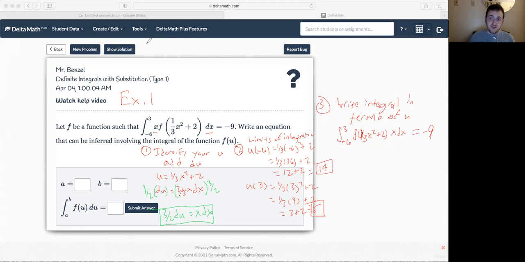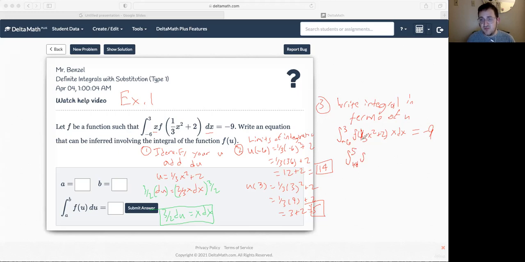First, I'm going to address the limits of integration and change them. I must get it in order here. So the -6 becomes 14, and the 3 becomes 5.